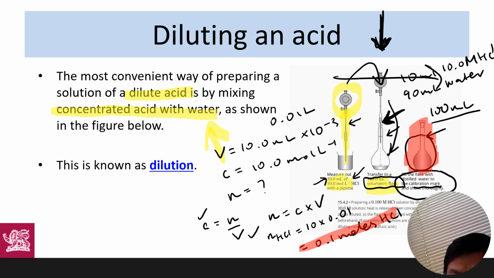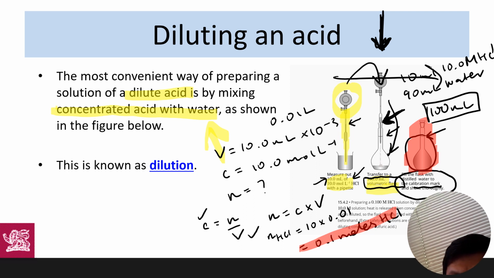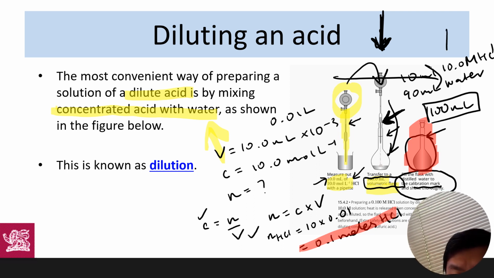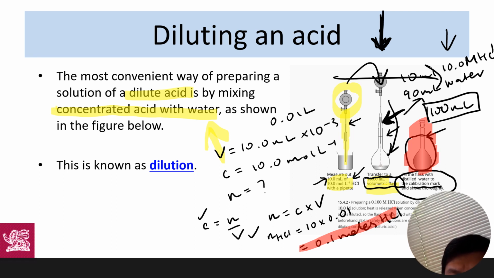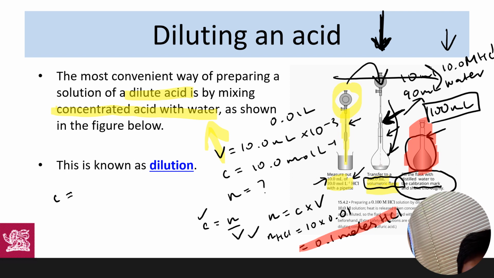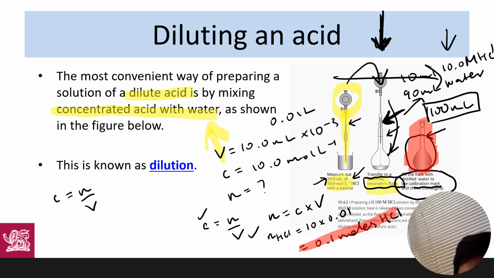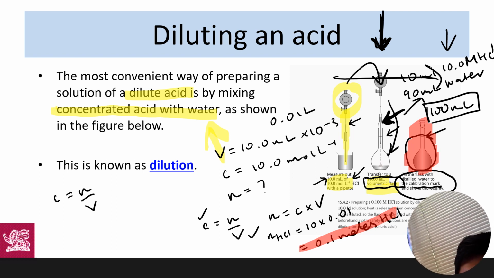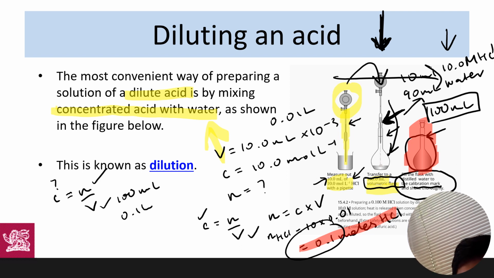Okay, so because the total volume is now 100 mil, so 10 mil of the 10 mole per liter acid and the 90 mils of water that I added, I can calculate the new concentration. Because concentration is equal to number of moles over volume, and I want to calculate the concentration, I don't know that. I do know the number of moles from my previous calculation. I know the new volume, which is 100 mil, converted to liters, 0.1 liters.